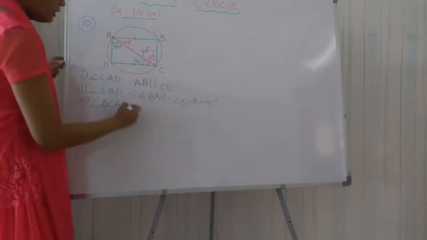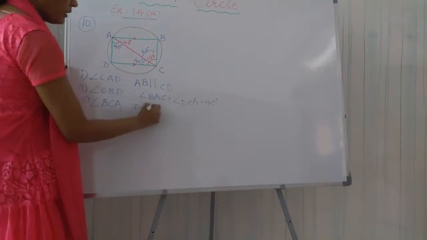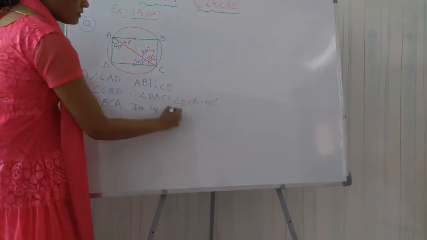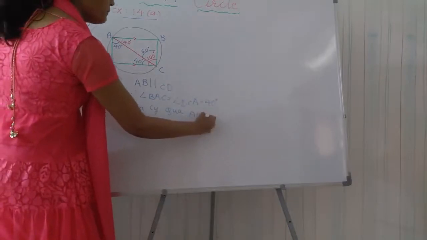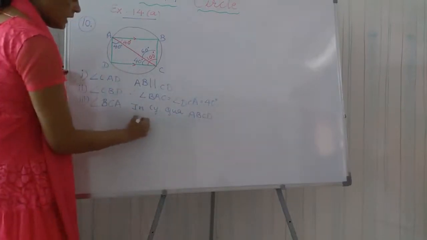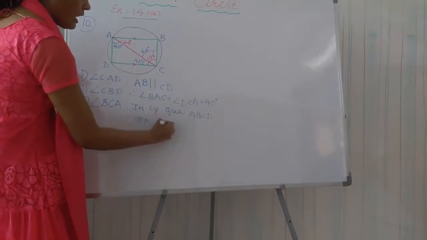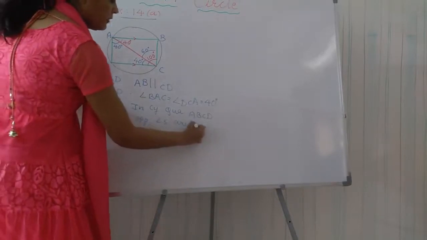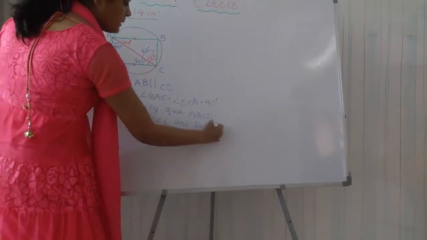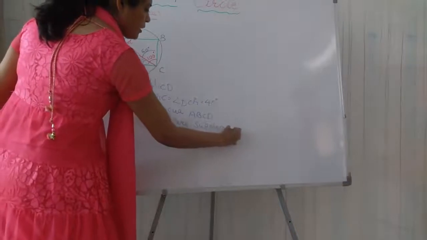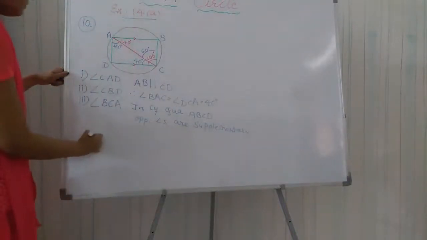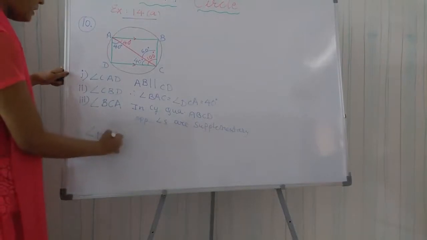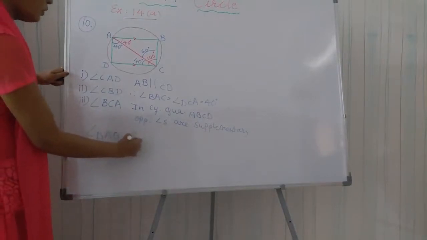And one more thing, in cyclic quadrilateral ABCD, opposite angles are supplementary. So I write here angle DAB is equal to 80 degree.